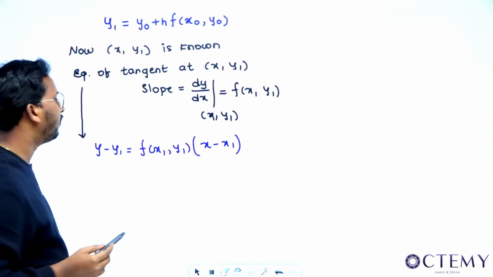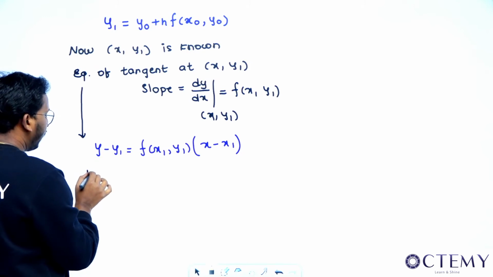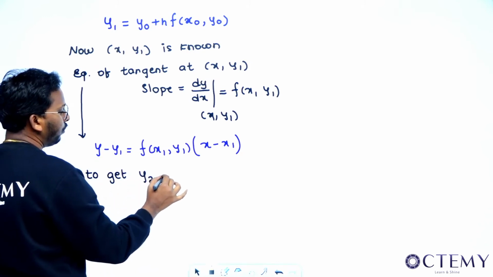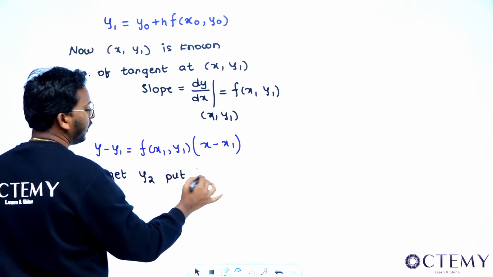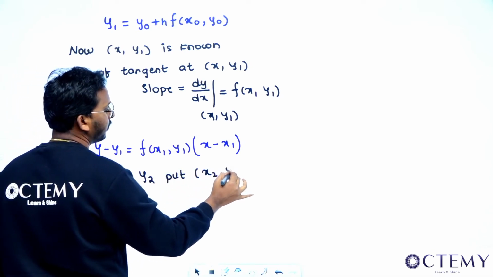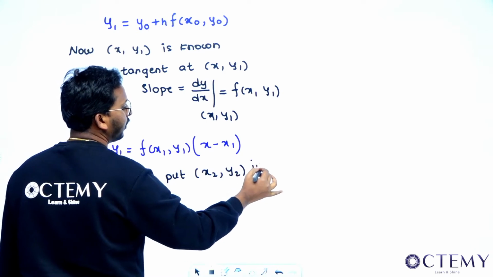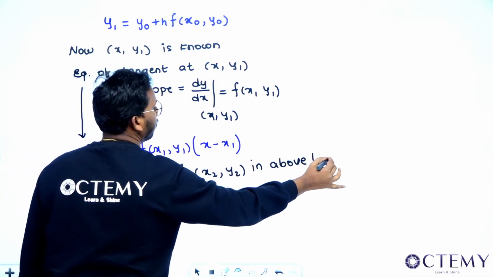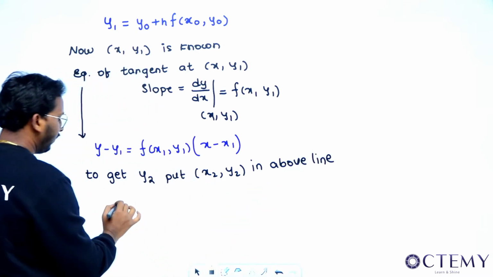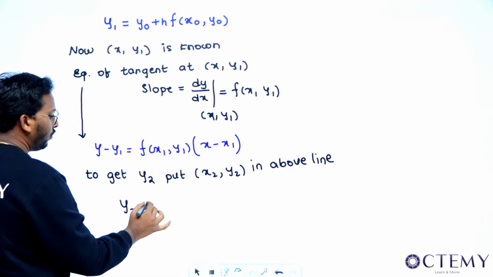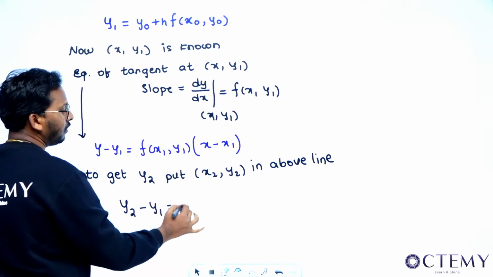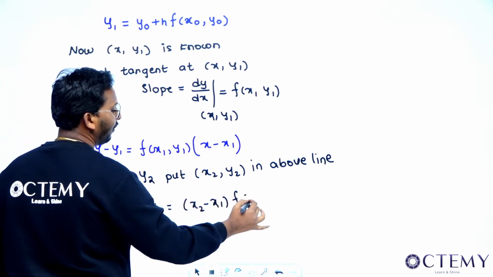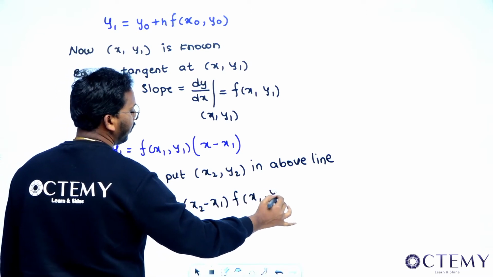So to get y2, put x2, y2 in the above line. If we do that, we will get y2 minus y1 is equal to x2 minus x1 into f(x1, y1).